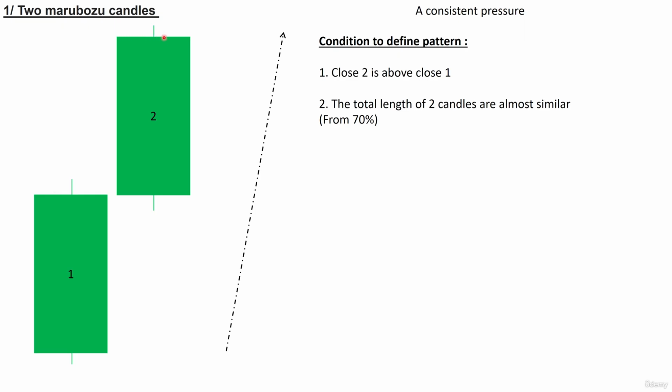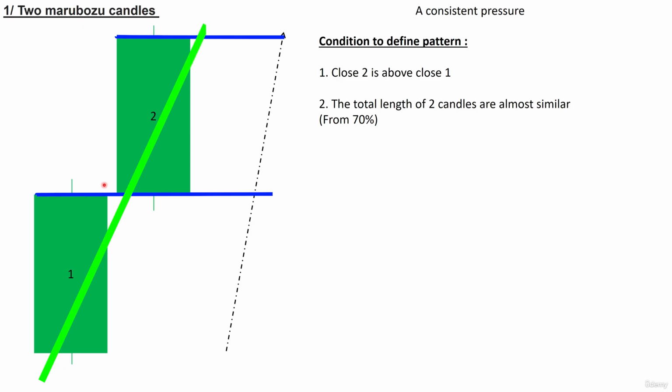Here is the close of the second candle, and here is the close of the first candle. The second candle closing above the first candle means there is continuous buying pressure on the market. Therefore, we can understand that there is consistent pressure through the two candles.